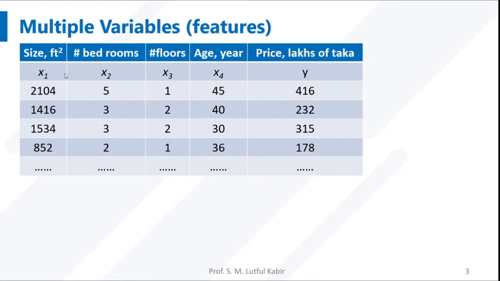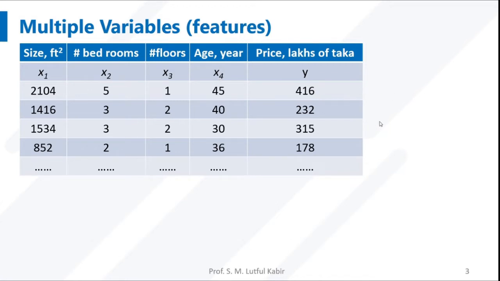So there are four features and the notations are x1, x2, x3 and x4. The first column is the size of the house in square feet, the first feature. The second column is the second feature, which is the number of bedrooms, and the third column is the number of floors. The fourth column is the age of the house, which is x4.